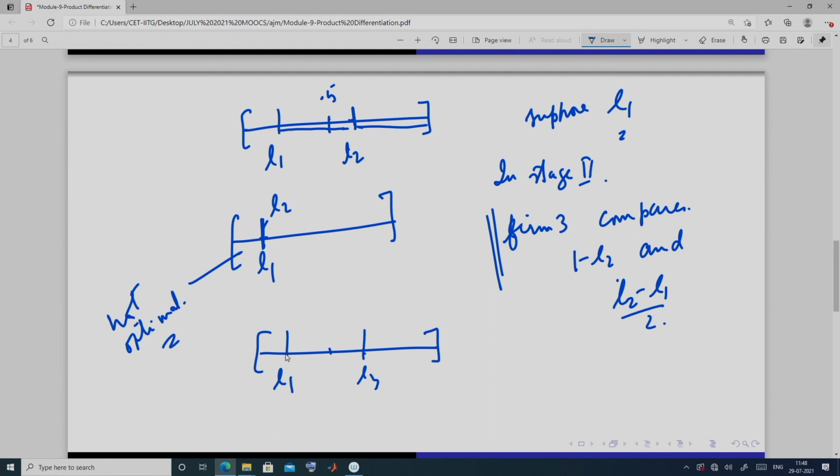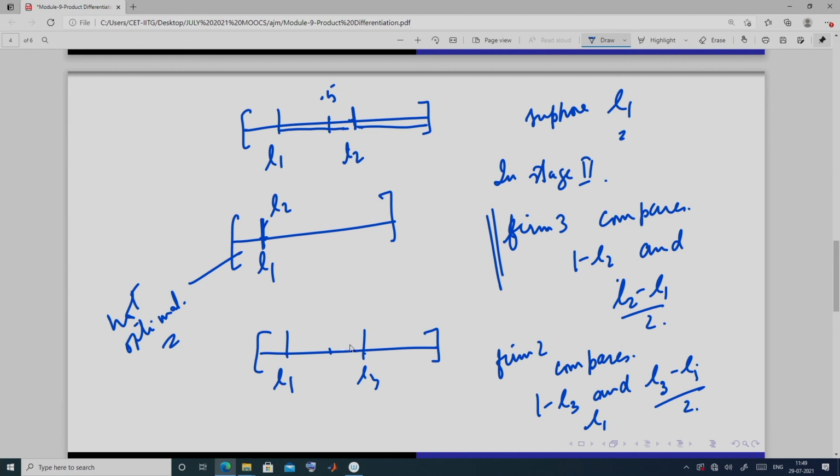Because L3 is not going to be here again, using the same argument, firm 2 compares 1 minus L3, this distance, and it compares this half of this, and it will also compare L1.